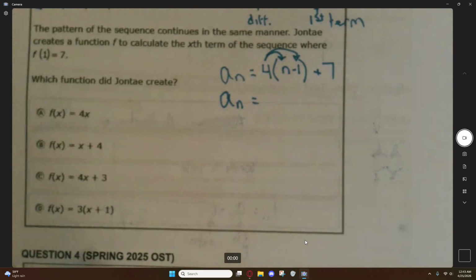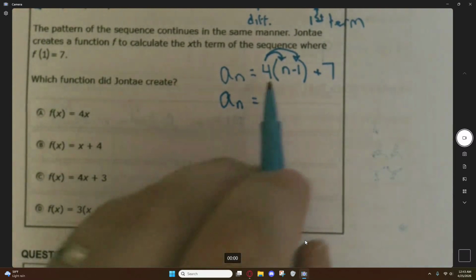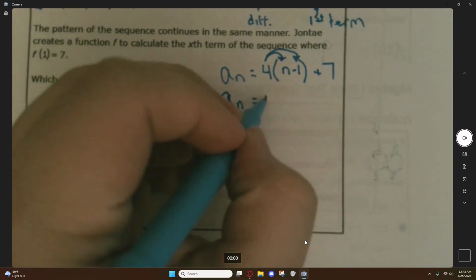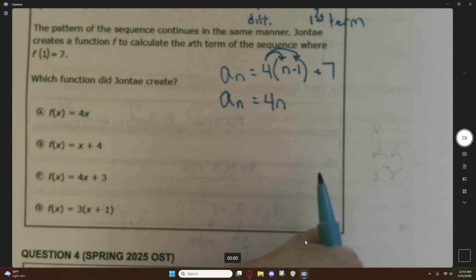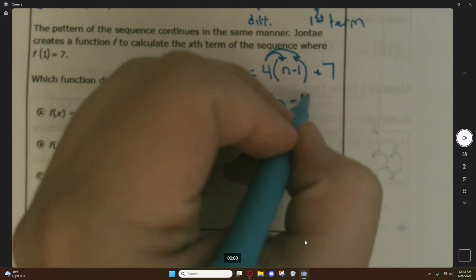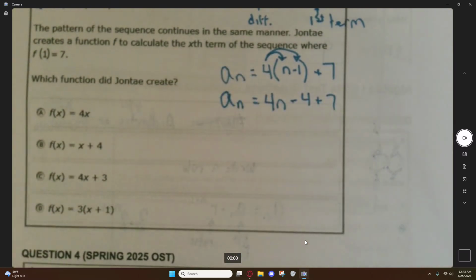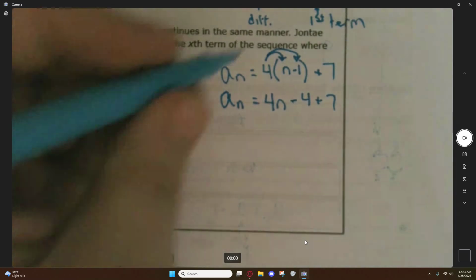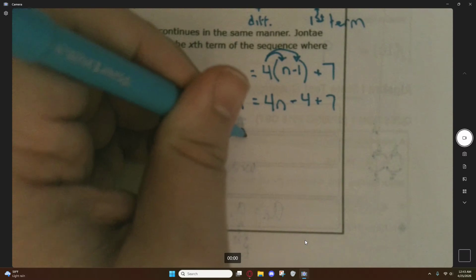So let's distribute. Go one step at a time. Remember, distribution is always multiplication. 4 times n makes 4n. 4 times negative 1 makes negative 4, plus 7. Does that match any of our answers? No. So we go to the next step. Combine like terms.